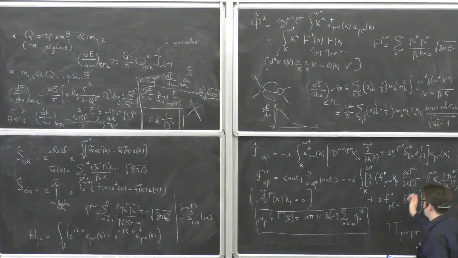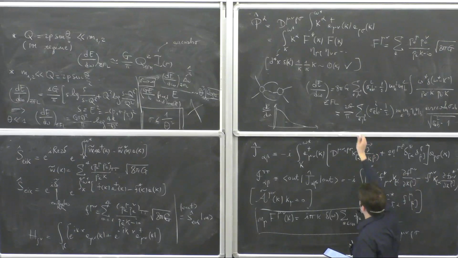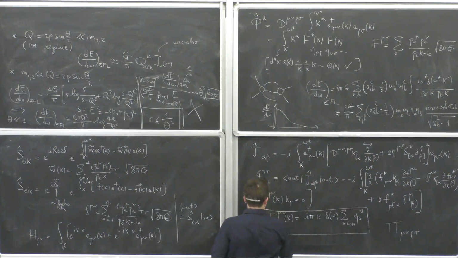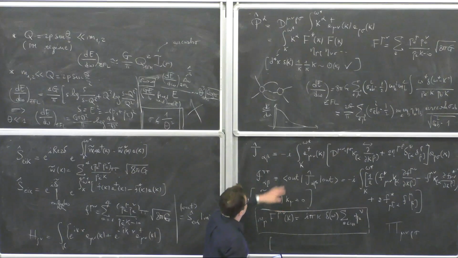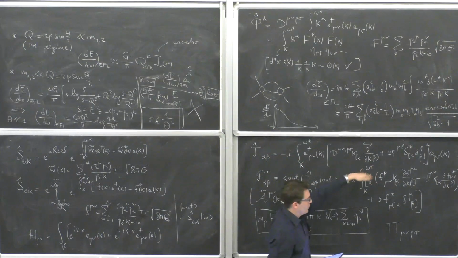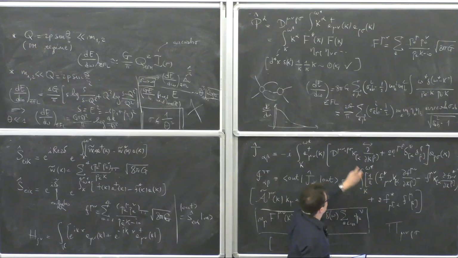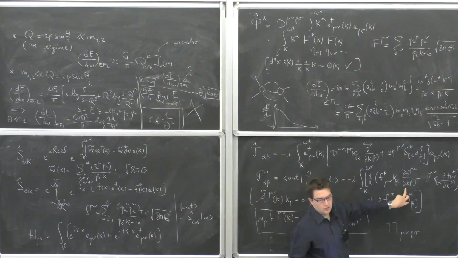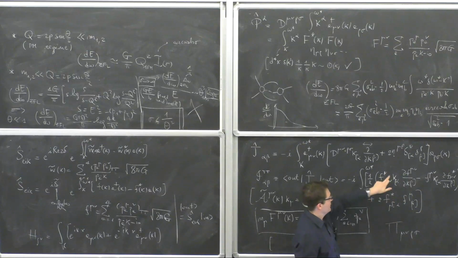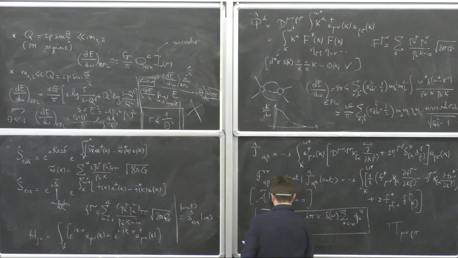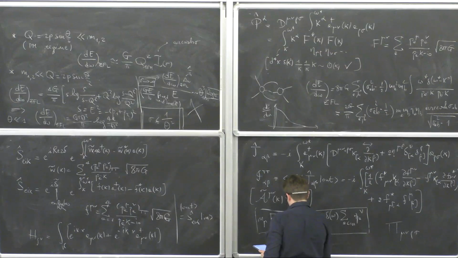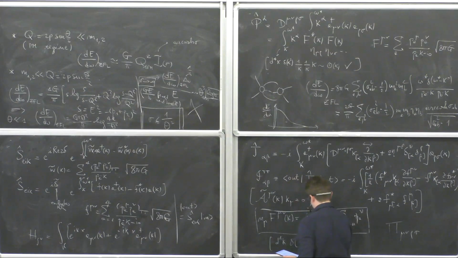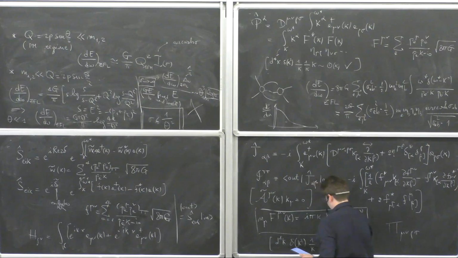And the reason why this is important here and was not important over there is again the power counting. The power counting is very easily deduced from the other one. It's exactly the same. The F go like 1 over omega. It's just that now instead of inserting k alpha, we are inserting k alpha d/dk beta, which does not scale with omega, because there is an omega upstairs and an omega downstairs. So the power counting is d for k, delta of k squared, 1 over k, 1 over k.